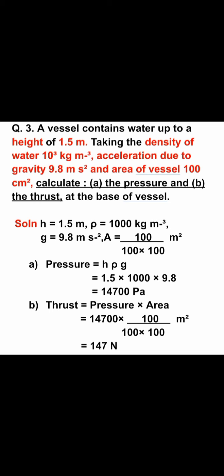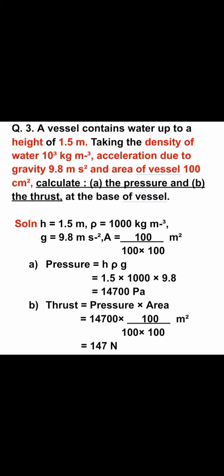Since height is given 1.5 meter, density equals 1000 kg per meter cube, g, that is acceleration due to gravity, 9.8 meter per second square. Area A equals 100 centimeter square, which is converted to meter square again by dividing it by 100 into 100, since 100 centimeter makes 1 meter.